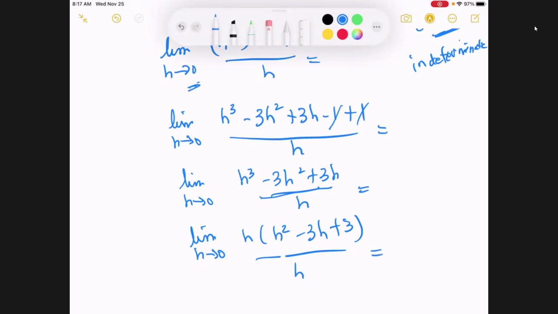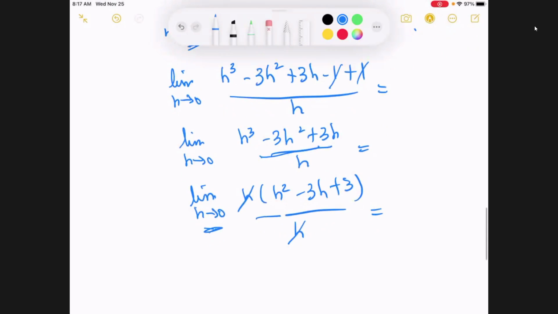And now, okay, remember when h is going to 0, h is never equal to 0. You're not really interested in what happens at h equals 0, okay? h is not equal to 0, so I can cancel out those h's. And then you have the limit as h goes to 0 of h squared minus 3h plus 3.